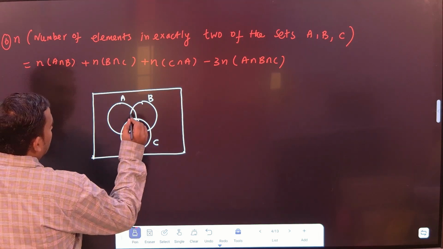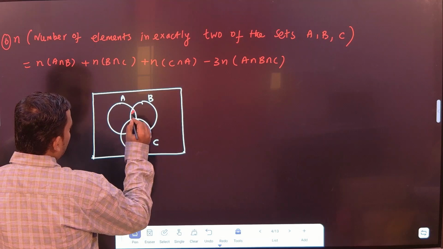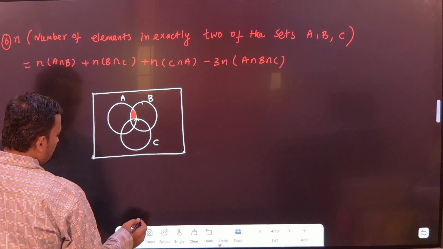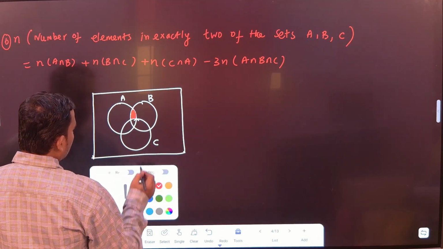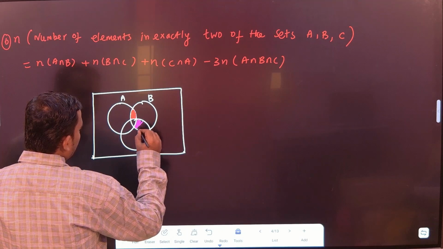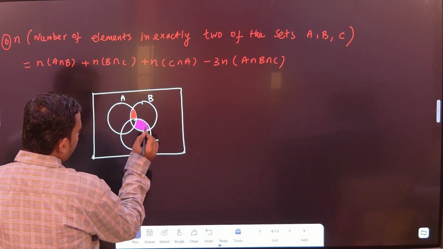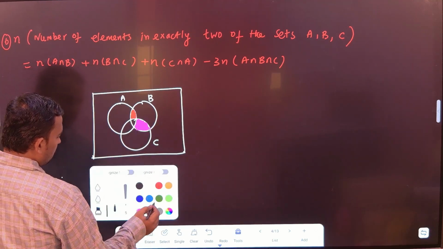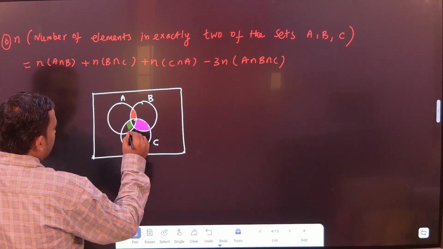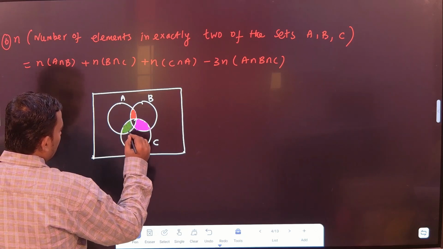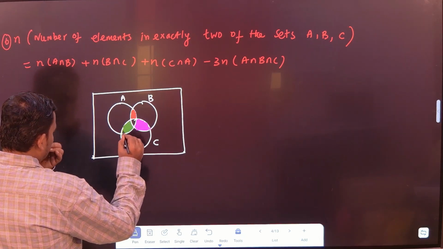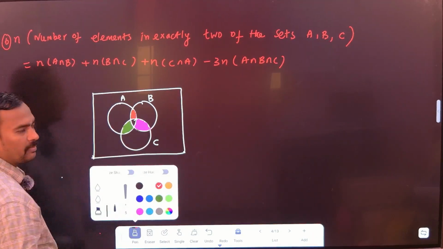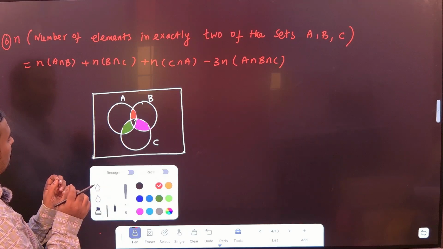Exactly 2 means this portion, then another portion, and this portion. Exactly A and B only is there.